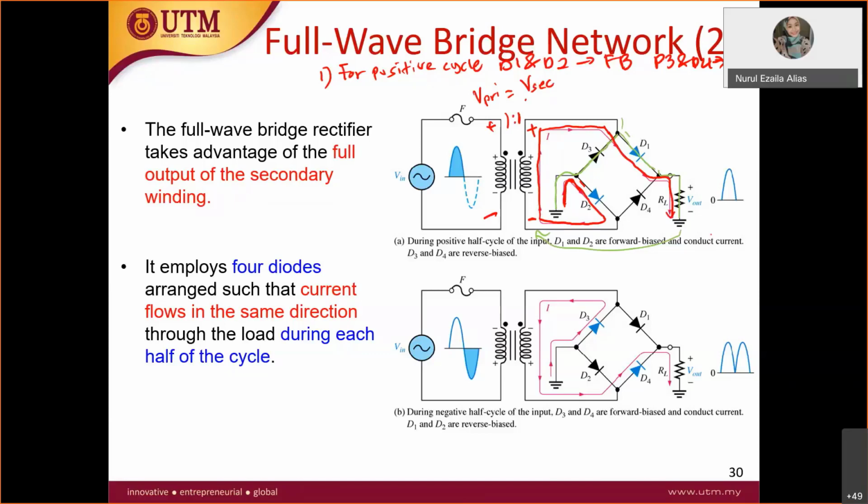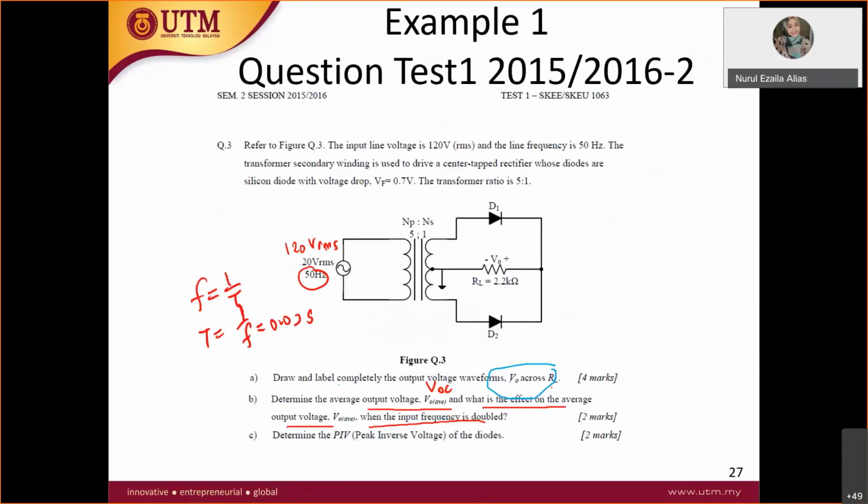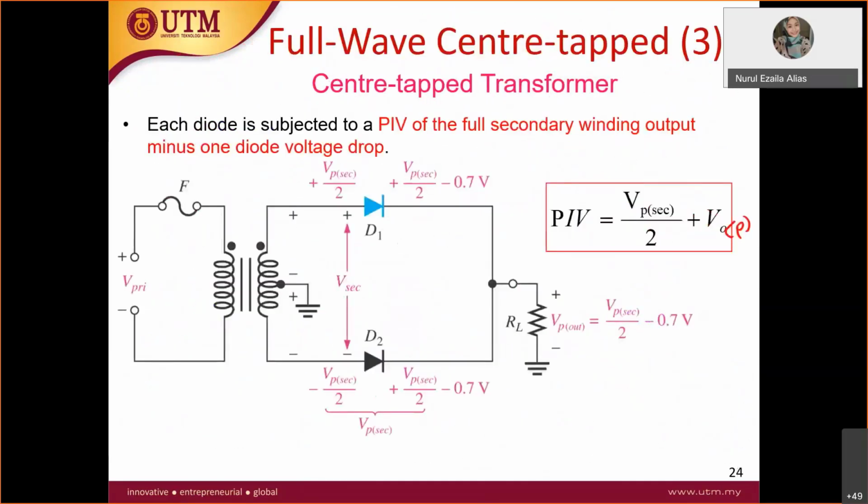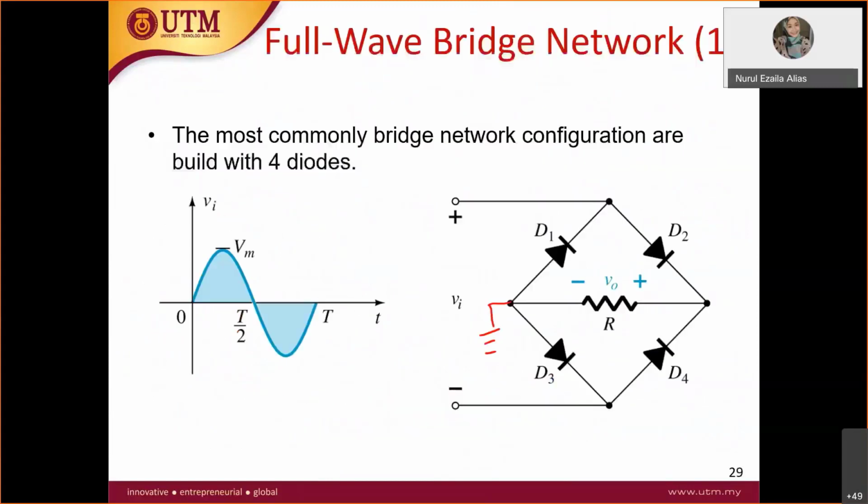Now let's redraw the equivalent circuit for the forward bias. Let's draw it together. I can draw there.